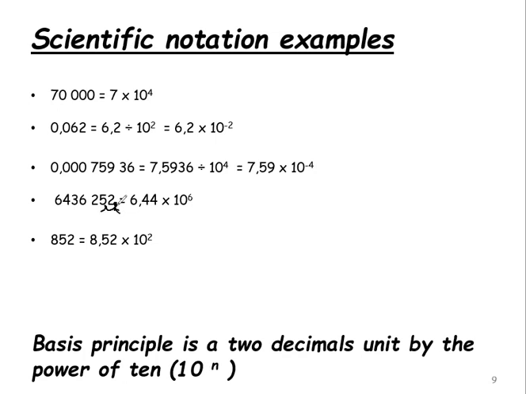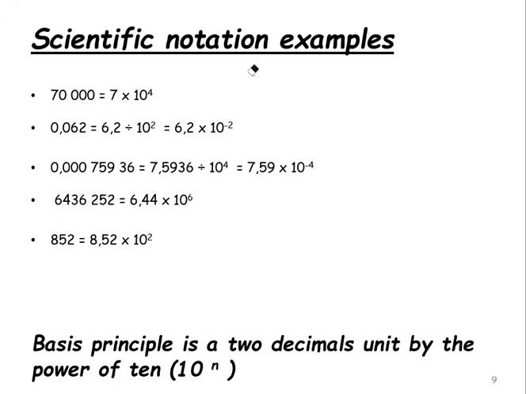So it's 1, 2, 3, 4, 5, 6. I shifted to the left and I shifted 6 times. It means I have a positive exponent, right? After I've shifted, the decimal is between 6 and 4. So let me do this.